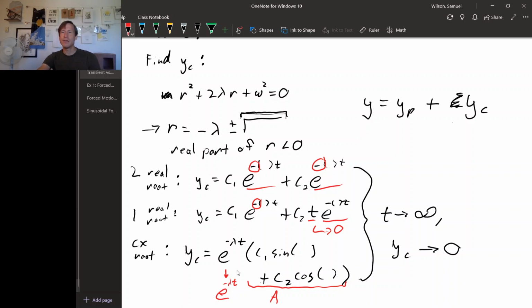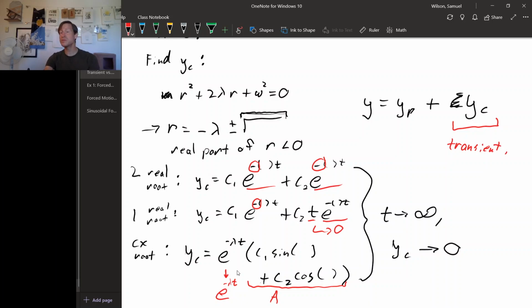Since the complementary solution eventually gets really, really small once you set up your system and let it run, it often gets called the transient.